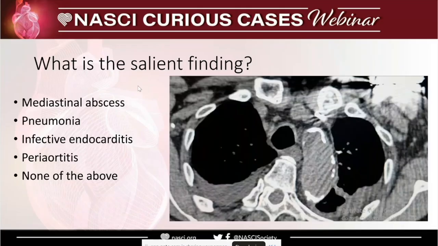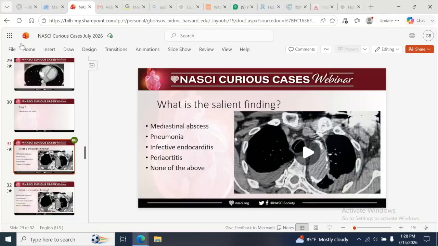And the question you can answer is, first of all, which is the salient finding, and it can be either mediastinal abscess, pneumonia, infective endocarditis, periaortitis, or none of the above.